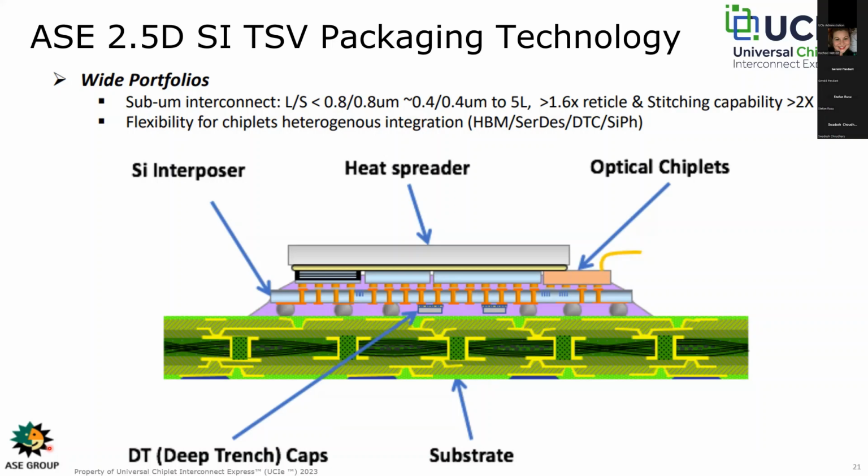And then we have multiple chiplets connected on the interposer, as well as possibly some optical chiplets using silicon photonics. So you see a little fiber optics coming out of that. We'll talk about that more later. And then a heat spreader at the top for cooling.